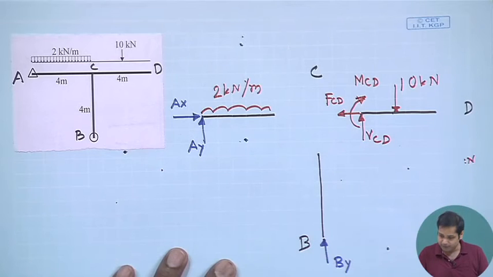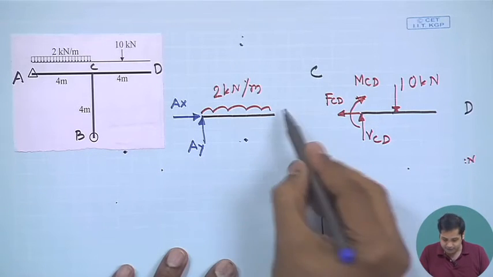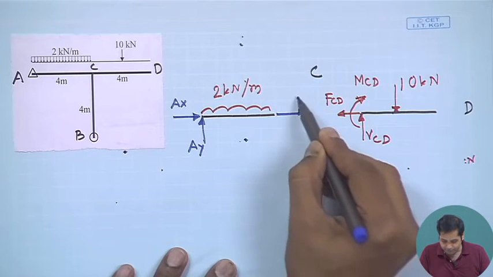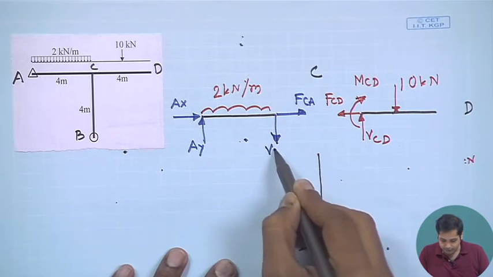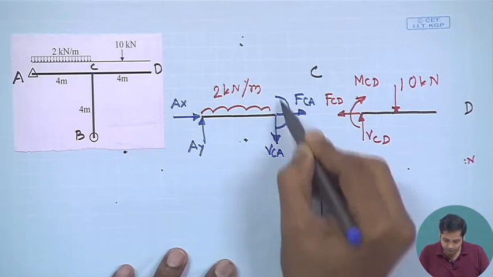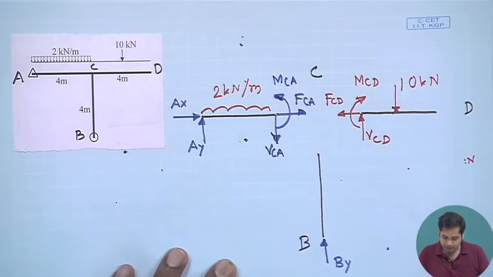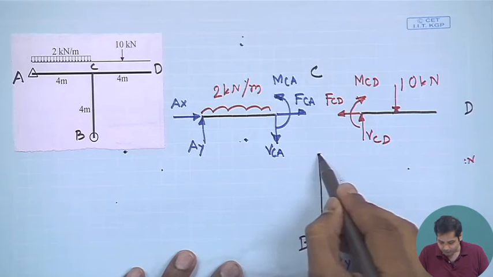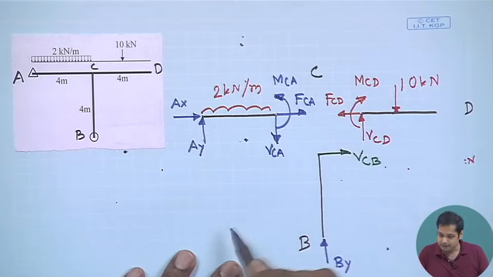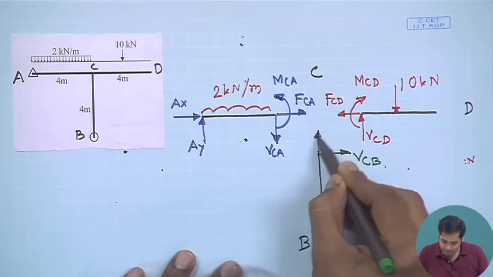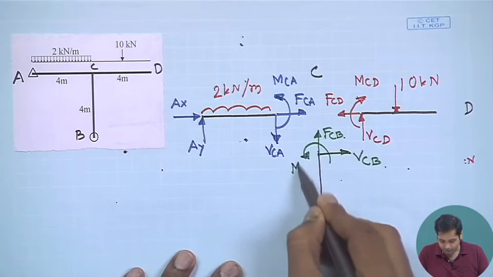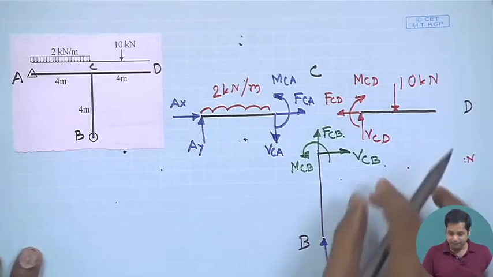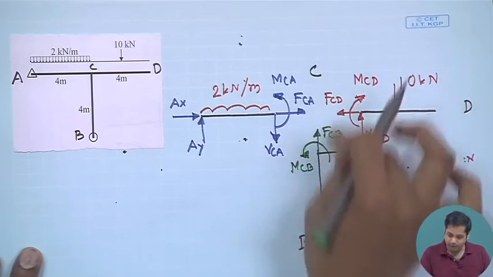This is the free body diagram of this, and for this case we have FCA, VCA and moment MCA. And for this part we have VCB, FCB and moment MCB. So these are the free body diagrams of the same joint, but belonging to different parts.